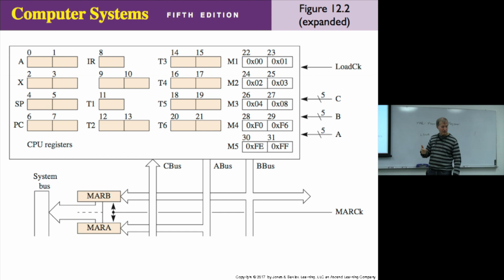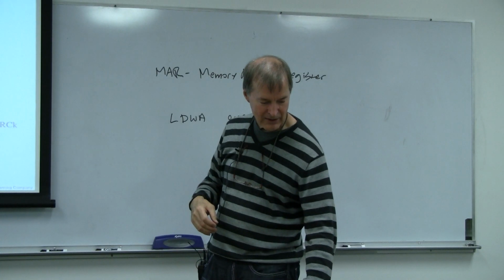And then what will we have to do? We'll have to save the carry in that cycle so that we can do what? Add any possible carry on the second cycle to do the high order byte. Does everybody see how that works?